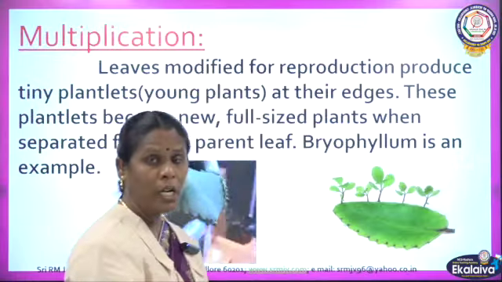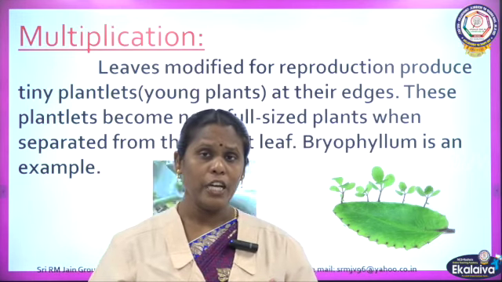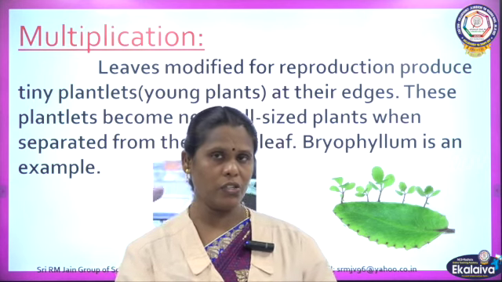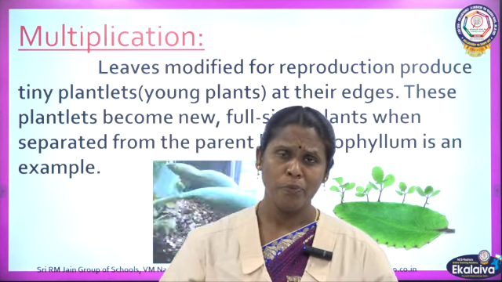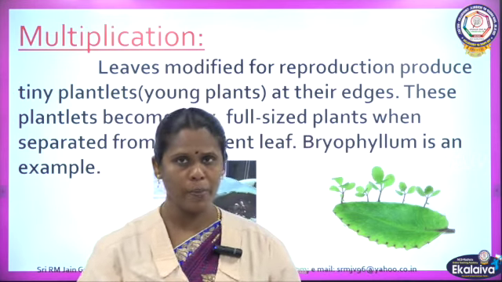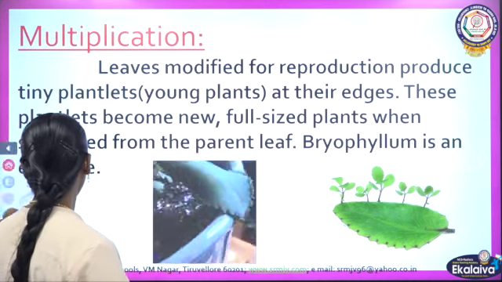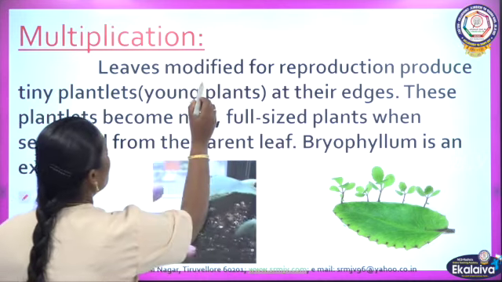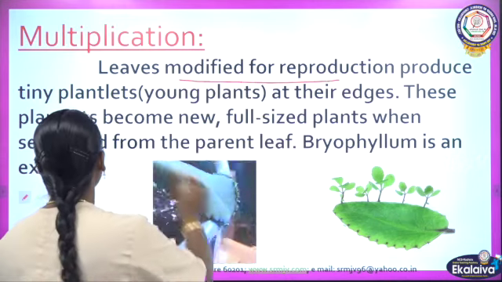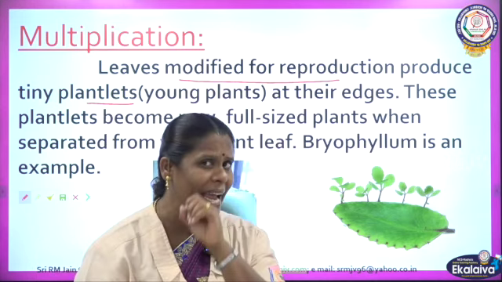The next one, multiplication. Plants can reproduce their young ones, that is called multiplication. Some plants reproduce through their root, and the stem also. Here, leaves modified for reproduction produce tiny plantlets. What is the meaning of plantlets?